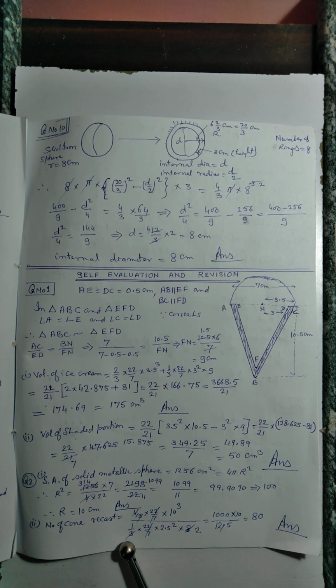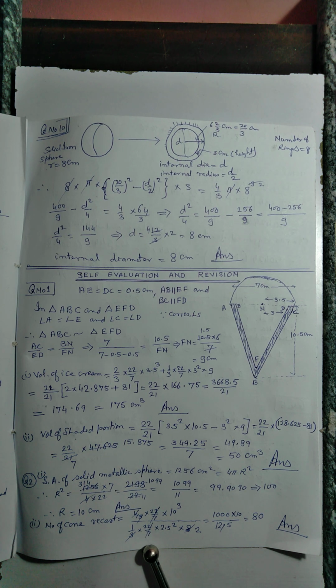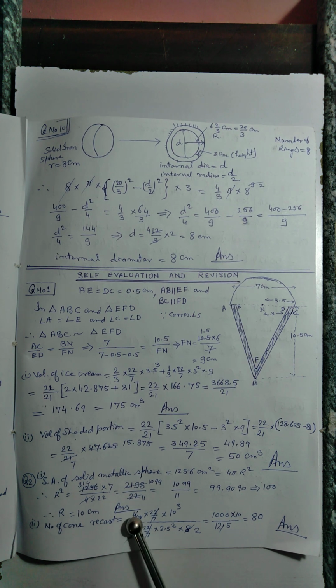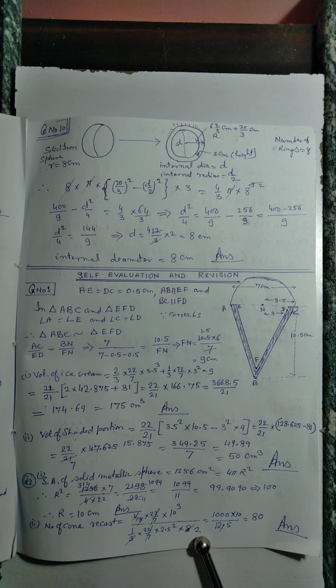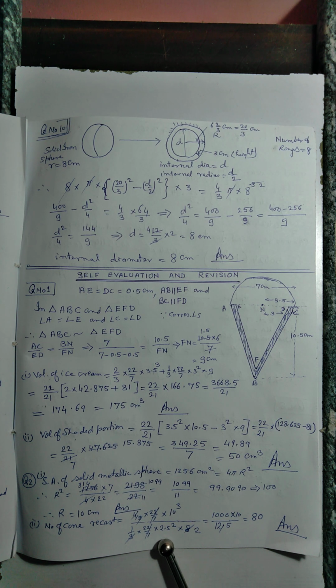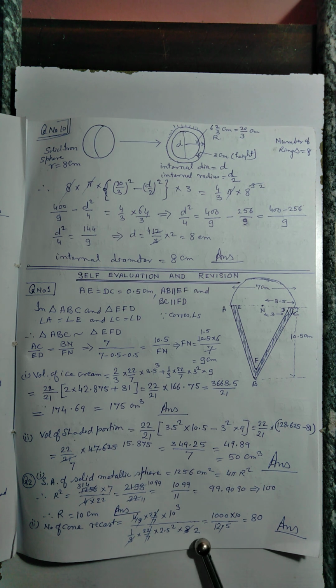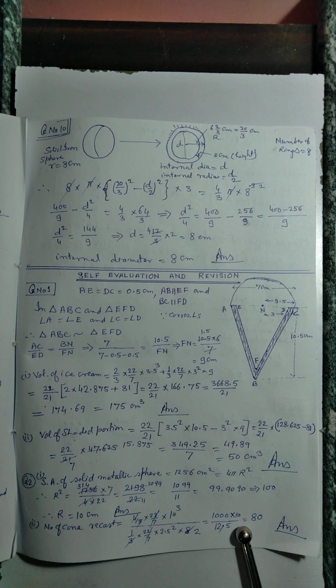See, 3 and 3 cancelled, 22/7 and 22/7 cancelled, 8 is here, or 4, 2 goes into 8. So we squared 2.5, how much will it come? 625. 6.25 multiplied by 2, we got 12.5. Now in order to remove that one decimal, I have multiplied the numerator by 10.